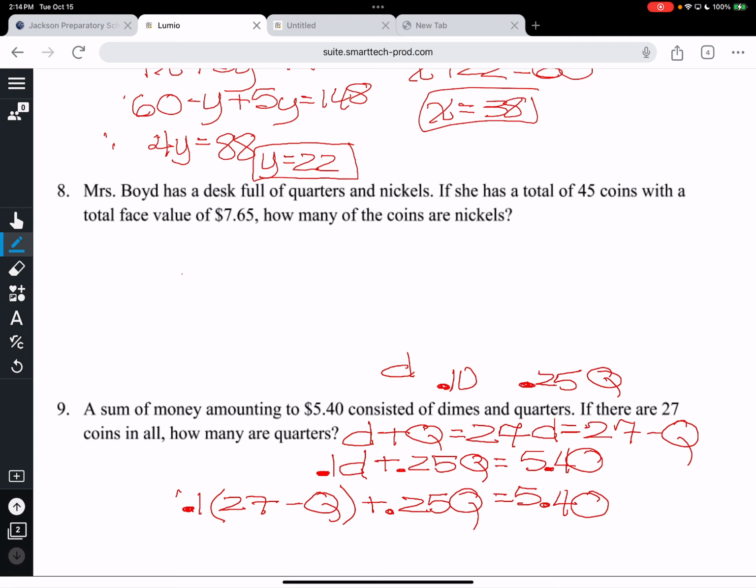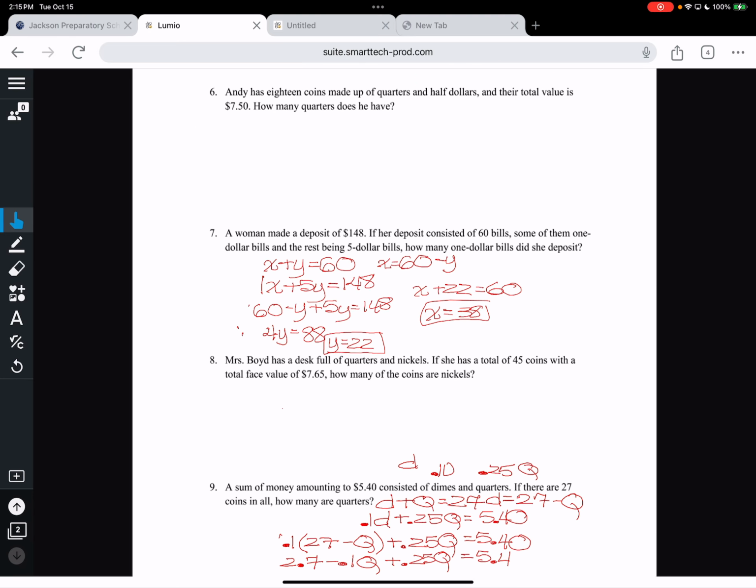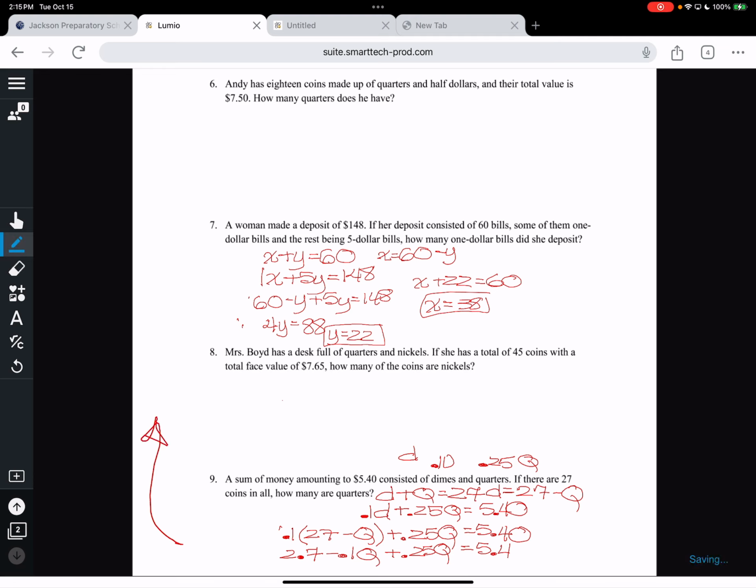When you distribute, you get 2.7 minus 0.1 Q plus 0.25 Q. So we have 0.15 Q equals 5.4 minus 2.7.